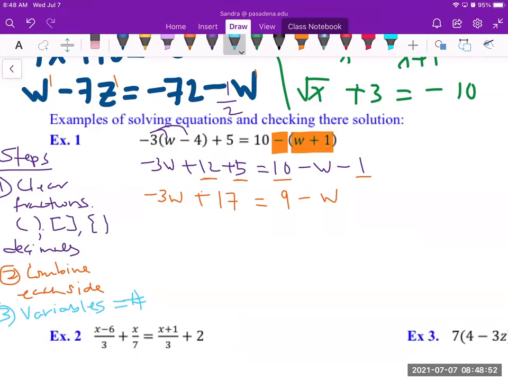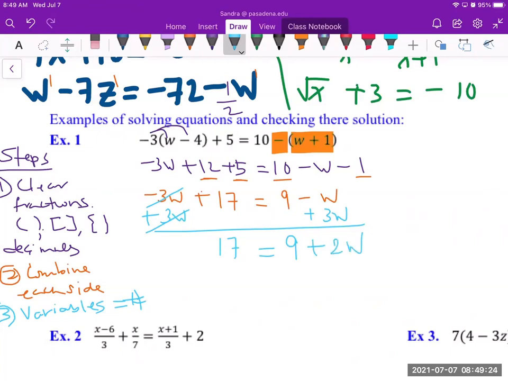For example, here I'm going to move the negative 3w, but because it's a negative 3w, I'm going to change its sign to a positive 3w. When I do this, it cancels out here because a negative 3w plus 3w is 0. So this is 17, equal to 9. Negative w plus 3w is equal to 2w.